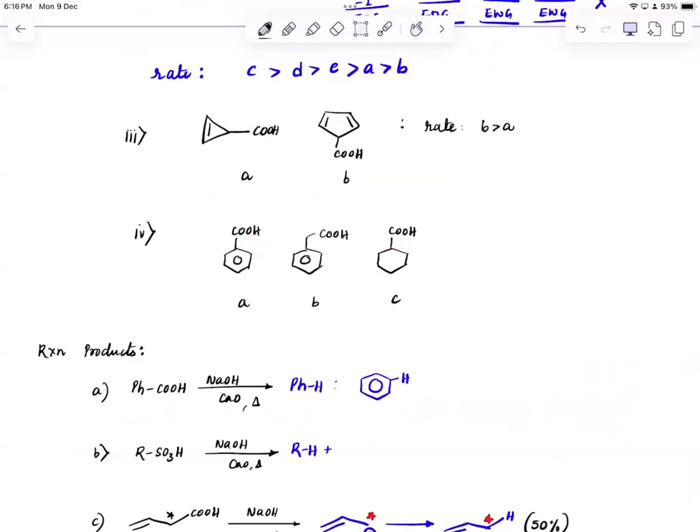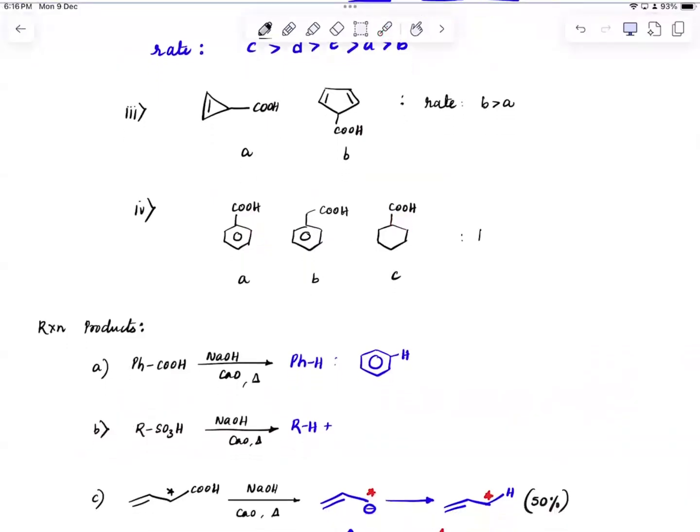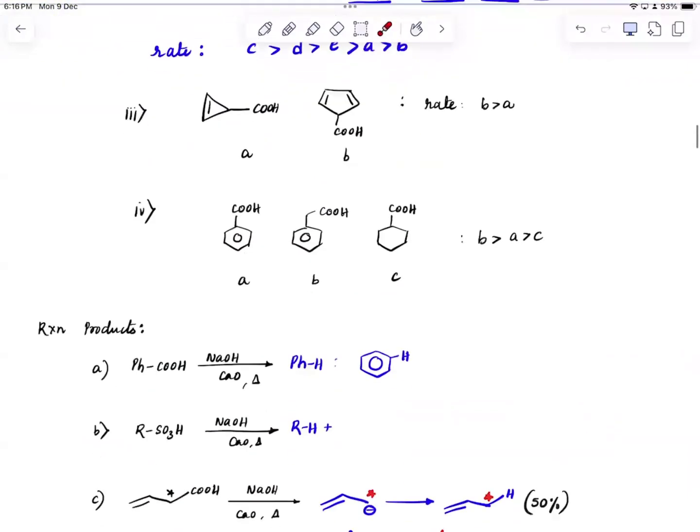If you compare, B is more stable because of resonance. A is on benzene with a negative charge, which is sp2 hybridization, and then comes C, which is sp3 hybridization. So B is greater than A is greater than C. That will be the rate of decarboxylation.